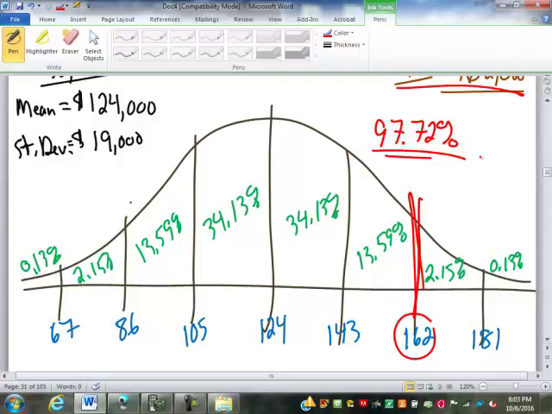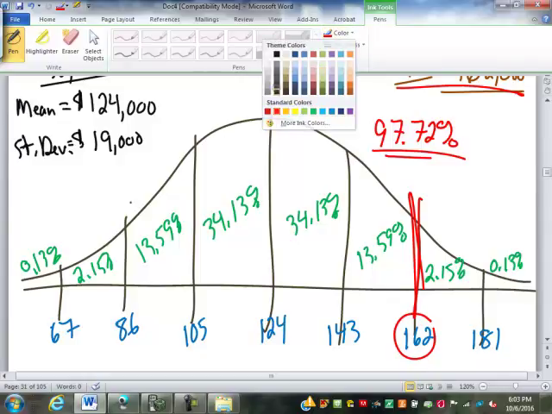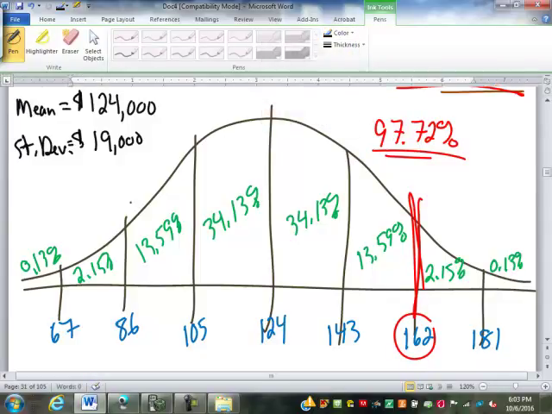In other words, 97.72% of other 3-bedroom, 2-bathroom houses in that area will be cheaper than that. So chances are you're going to find one that's cheaper that you like. So this mechanism can be used to compare numbers, to find percents. You could even convert them into probabilities if we wanted to go that far.